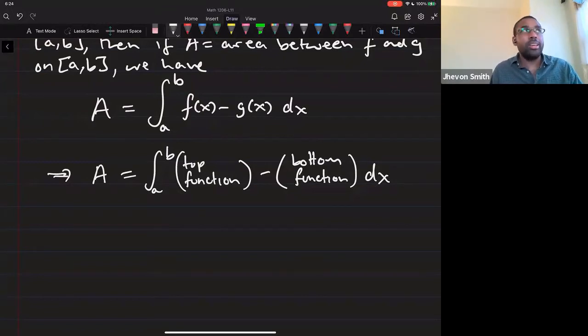Just being able to think in terms of what position something is in relation to something else, that's going to be very, very important conceptually moving forward. And not just in Calc 3, even as early as Calc 2, that kind of knowledge is going to come in handy when you're setting up certain problems. So I just want you to think in terms of top versus bottom, not necessarily, oh, this function is called f and that one's called g. That's not the point. You want to take the higher one and subtract the lower one at all times. So that was the idea.